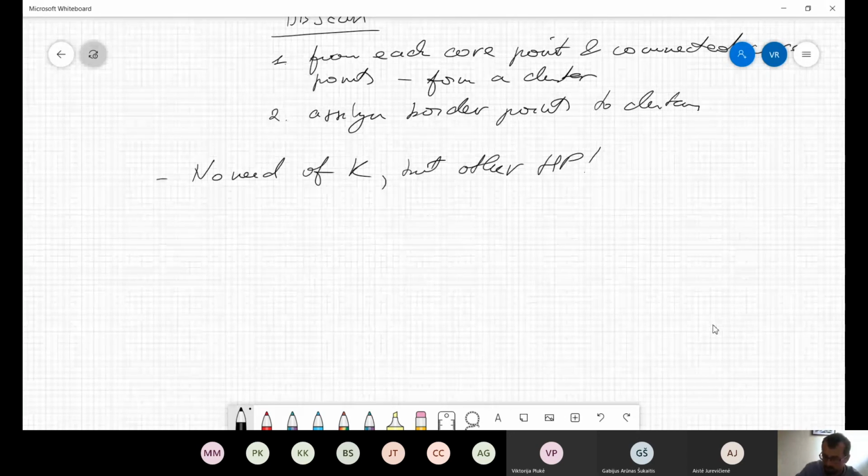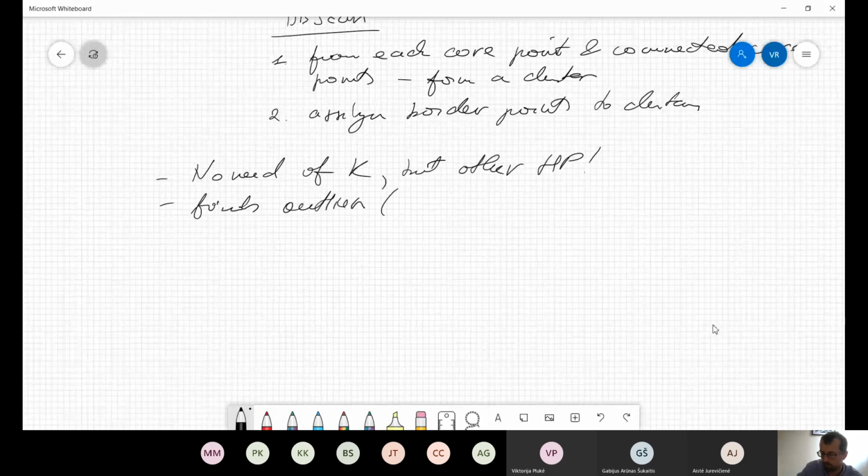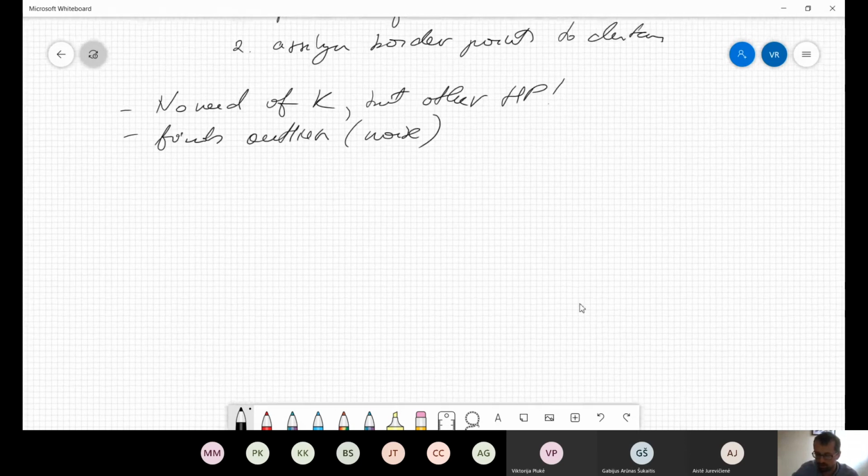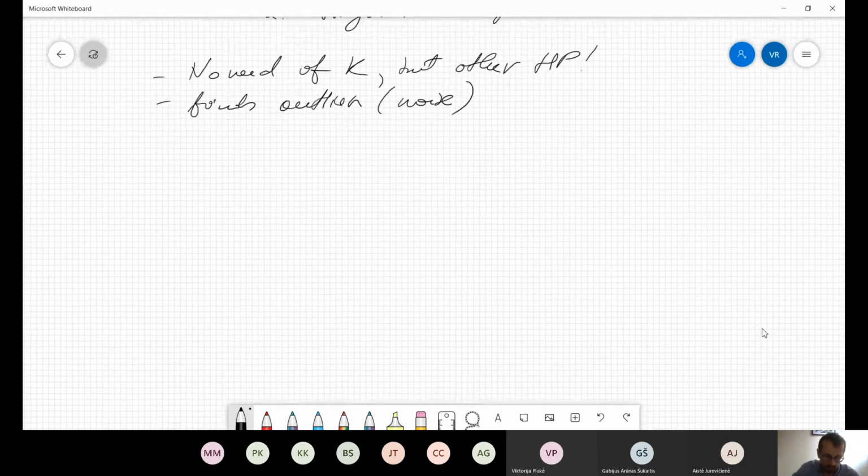And what is good is that it finds outliers or noise, in the sense of this algorithm. So it finds the clusters and defines noise, something like a classification algorithm, more or less.